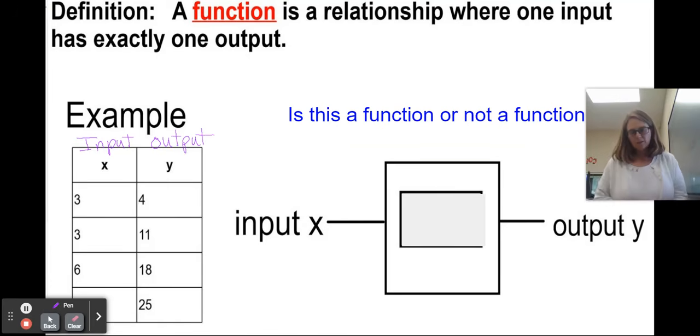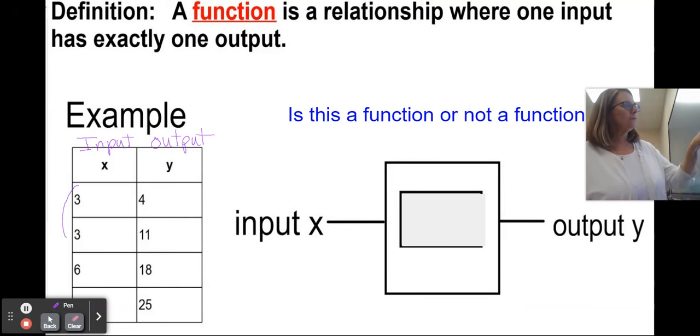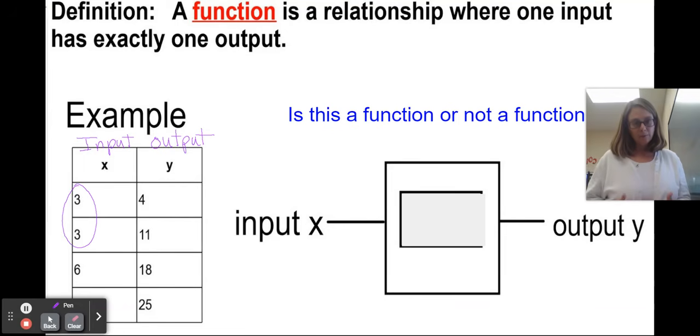Let's pause for a second and look at the difference between this table and the previous table. If we look at the input, the x side of the table, there's something different. You might have noticed right here, there's a duplicate on the input.